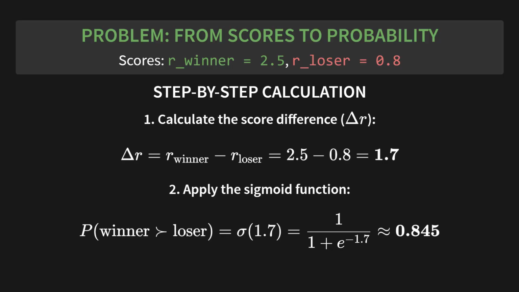Now, step 2. We apply the sigmoid function to that difference. The probability that the winner is preferred is sigma of 1.7. Now the formula for that is 1 over 1 plus e to the negative 1.7, which comes out to approximately 0.845.